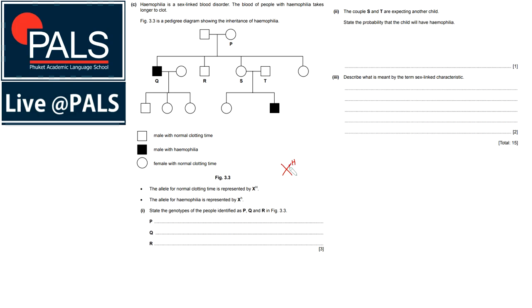So only the X chromosome has it. Now we know that females have a combination of XX, so females always have 2 copies of the gene, whereas the male sex is produced by a combination of X and a Y chromosome, so men only have 1 copy of the blood clotting gene. The allele for hemophilia, for the disorder, is the recessive allele, X small h.